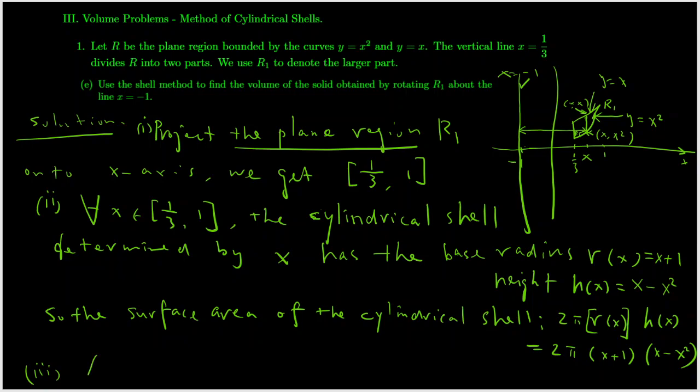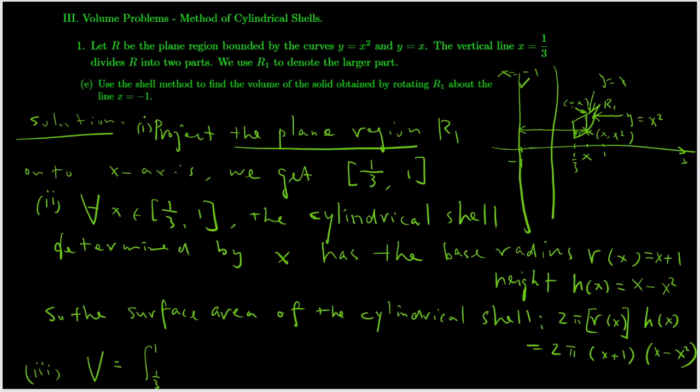Finally, we integrate the area of the cylindrical shells, and then we have the volume. Now the volume is the integral from 1/3 to 1, the interval we got in step 1, of the surface area of the cylindrical shell.